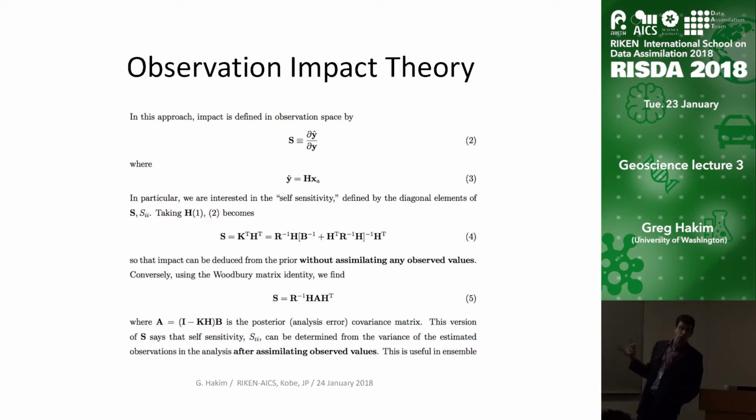How does the analysis respond to the observations? And the thing that we're measuring that sensitivity to is the estimate of the measurements in the analysis. So when we're all done and we have our analysis, we can go through and say, what are the observations in an analysis? They're not the same thing as the measurements, or as we thought they were in the prior. They're these new things. And how would that change with respect to the measurements?